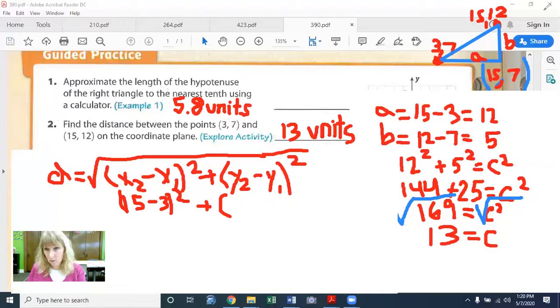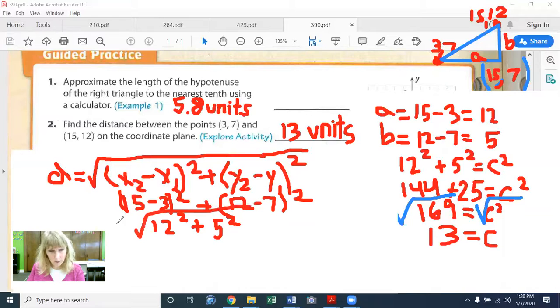We have Y2, 12, minus Y1, 7, so 12 minus 7, and we square that. And then we take the square root of it, just like we did over here. 15 minus 3 is 12 squared plus 12 minus 7 is 5 squared, and the square root of all of that equals d.